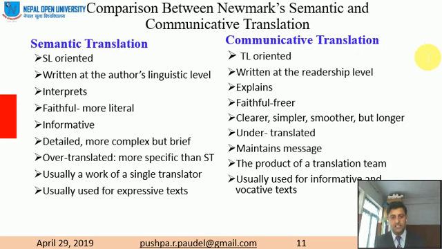Semantic translation to a greater extent is faithful to the source language text, whereas communicative translation is not so. Semantic translation is informative, whereas communicative translation is clearer, simpler, smoother, but a bit longer. So this way we can differentiate semantic translation and communicative translation.